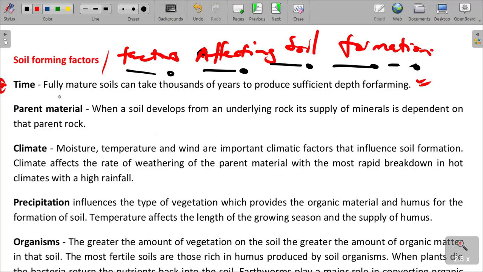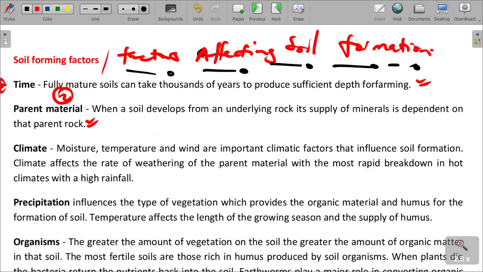And then number two, another factor affecting soil formation is parent material, which is where the soil is coming from. When a soil develops from an underlying rock, its supply of minerals is dependent on that parent rock. The characteristics of soil depend on which rock type it is coming from.